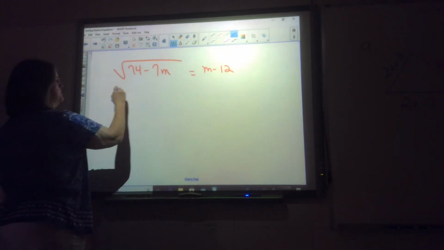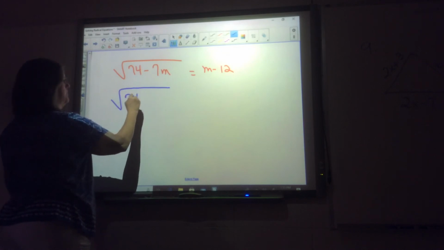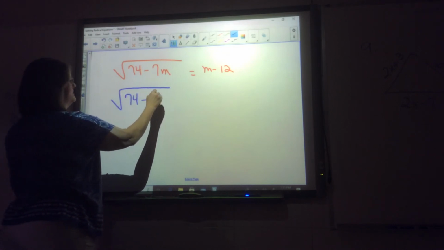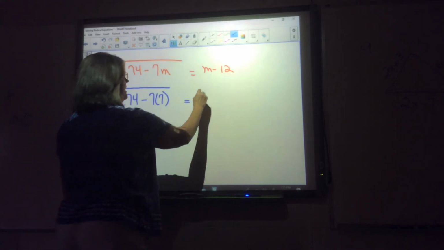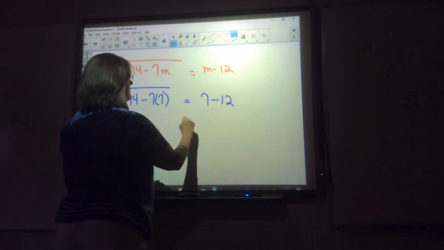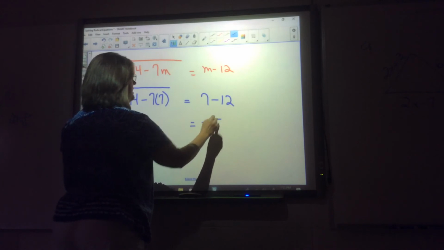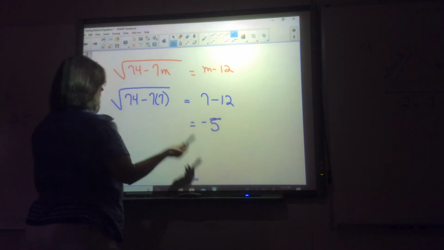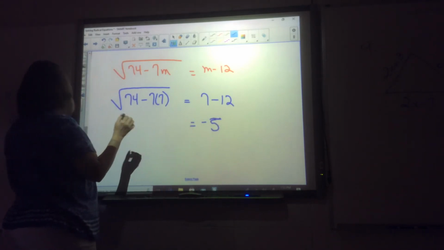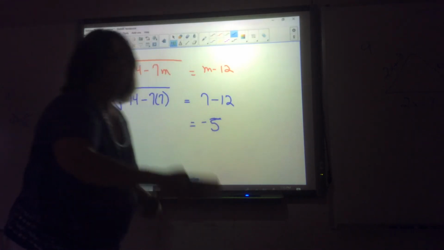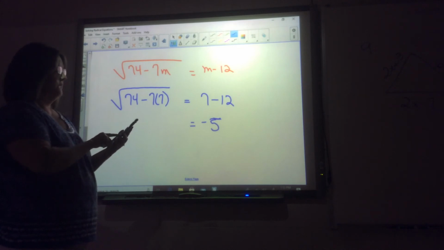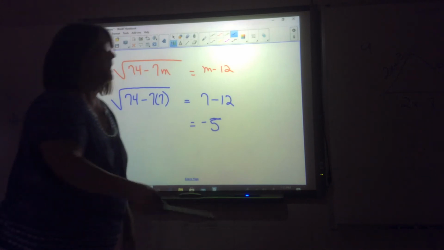So the square root of 74 minus 7 times 7 equals, and I'm checking 7 out right now, which is negative 5. I already know this one's not going to work. Okay? 74 minus 49 is 25.